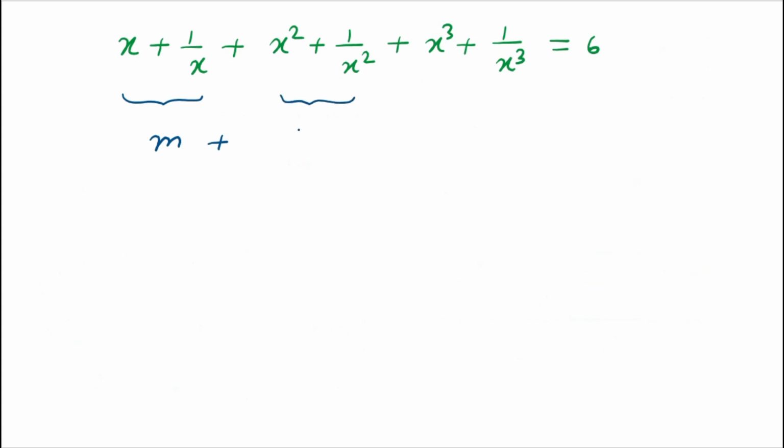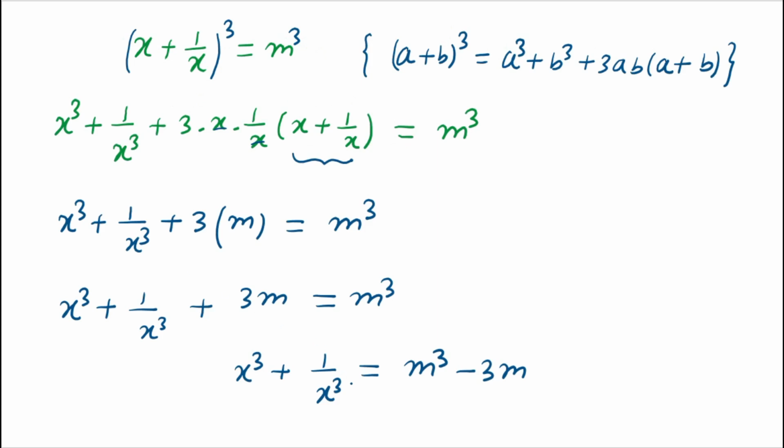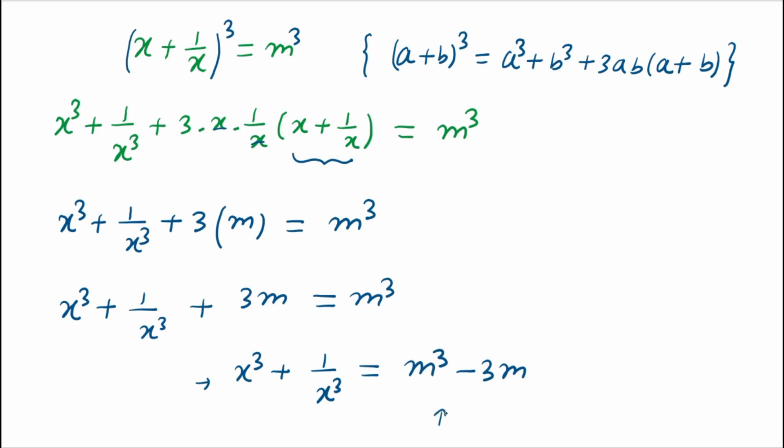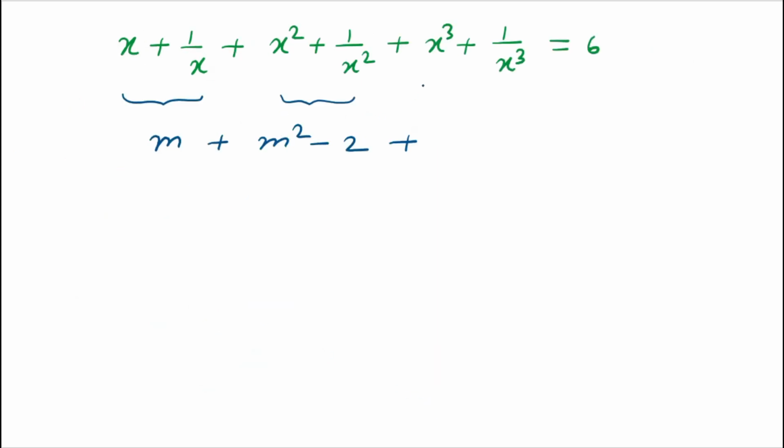This expression is replaced by m square minus 2 plus, and the value of x cube plus 1 over x cube is m power 3 minus 3 times m. So this expression is replaced by m power 3 minus 3 times m, and this is equal to 6.